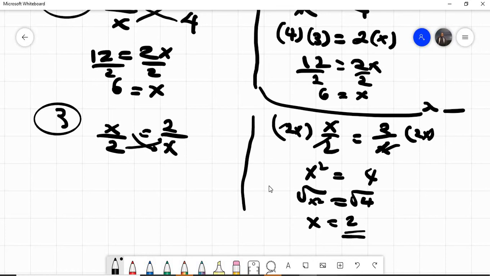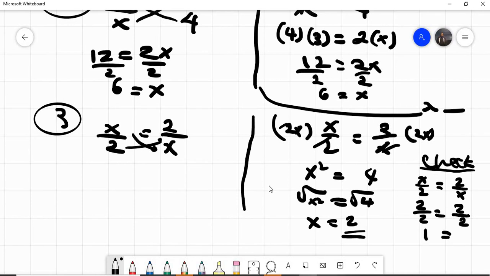Yeah, so x is 2, and then we can check. X over 2 equals 2 over x, and we substitute x with 2: 2 over 2 equals 2 over 2, which is 1 equals 1. Yeah, so this statement is correct.